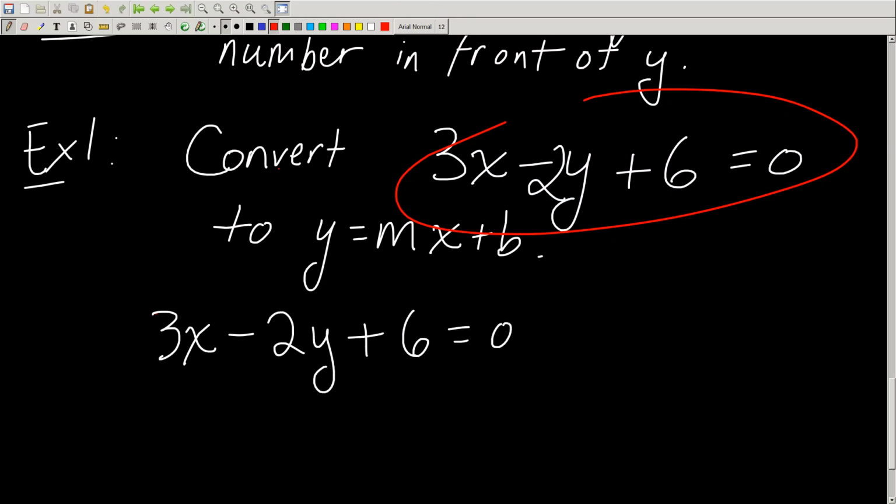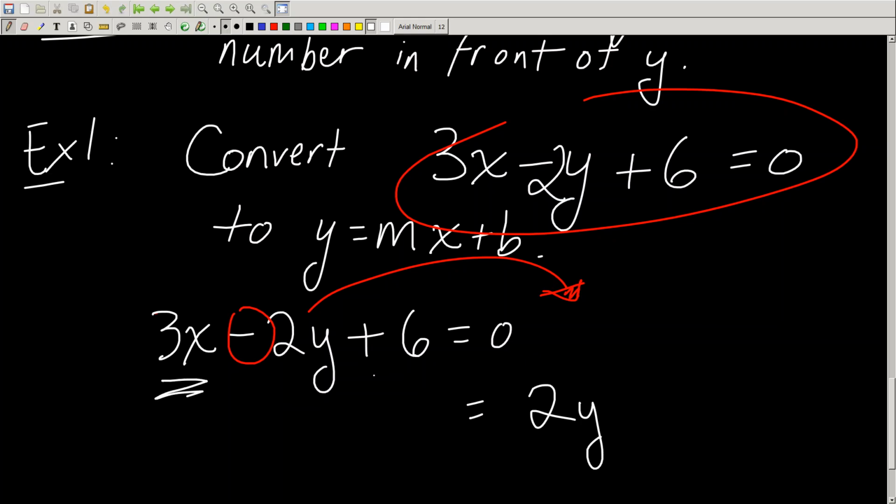And what I'm going to do is I'm going to move this term to the opposite side of the equation. That's step 1. Now one has to be careful because this sign over here actually flips on the opposite side. It becomes 2y positive. Now what's interesting is we don't need to write the positive because not writing a sign assumes positive. What do I have left on the left side?